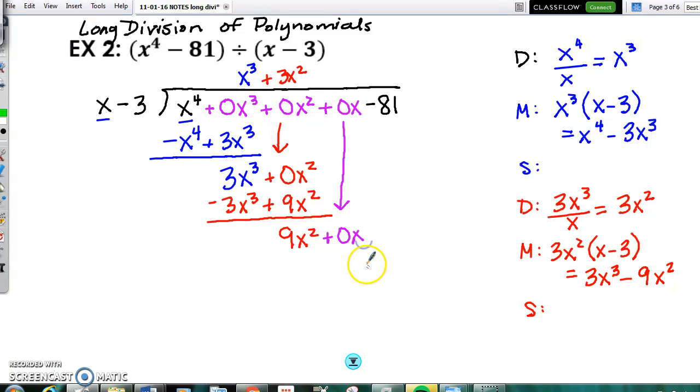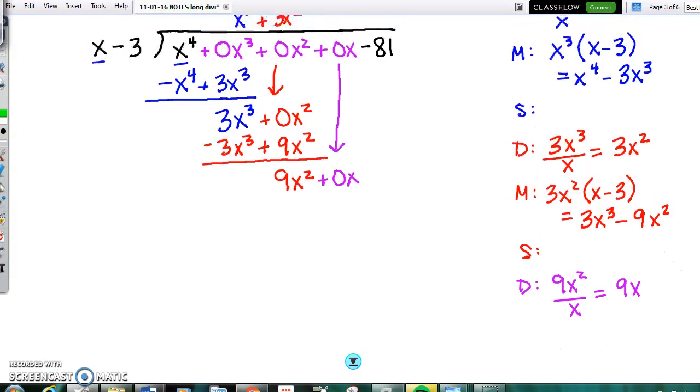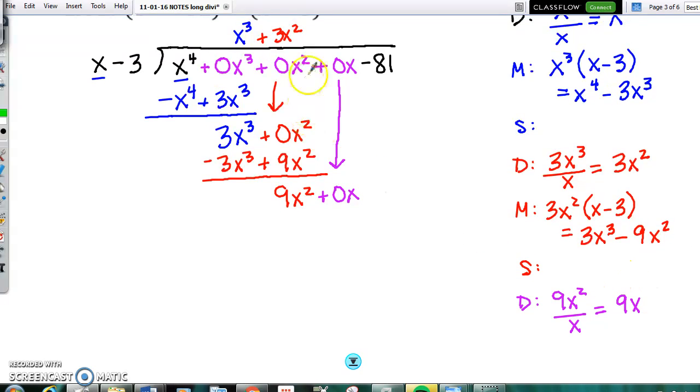We're going to do all these steps again. Kind of run out of room, so I'm going to move this up just a little bit. So we're going to divide first term, 9x squared, divided by the first term out here, which is just x. We'll get 9x. Write that answer on top.